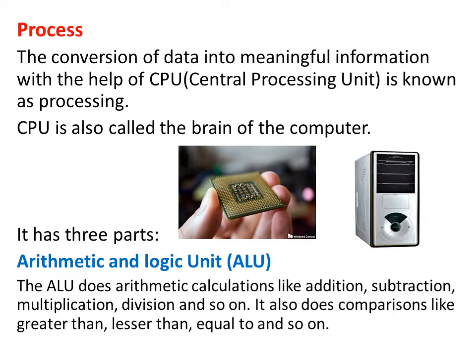The ALU does arithmetic calculations like addition, subtraction, multiplication, division and so on. It also does comparisons like greater than, lesser than, equal to and so on. So whatever calculations in your mathematics book you do, same here we can do in the computer also.